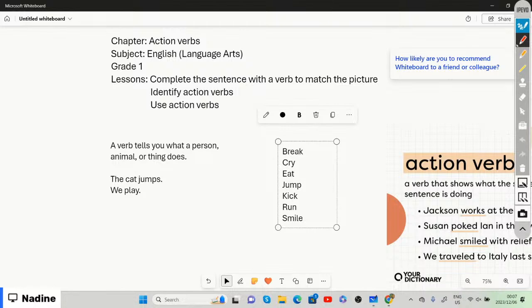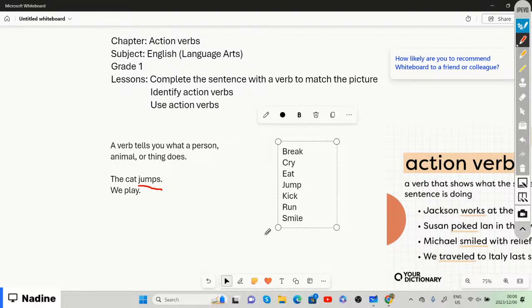So now they're saying a cat jumps. You ask yourself, what is the animal doing? We can say he jumps. So the animal jumps. Jumps is the verb that tells us what the animal does.